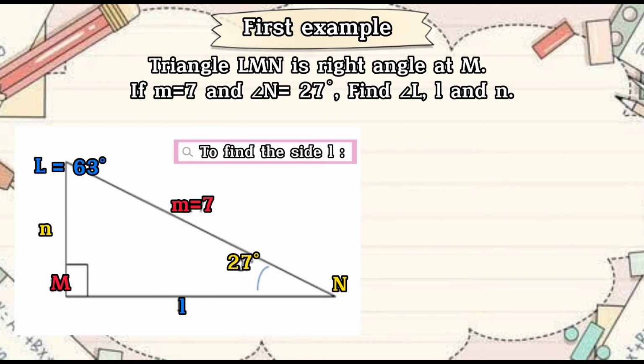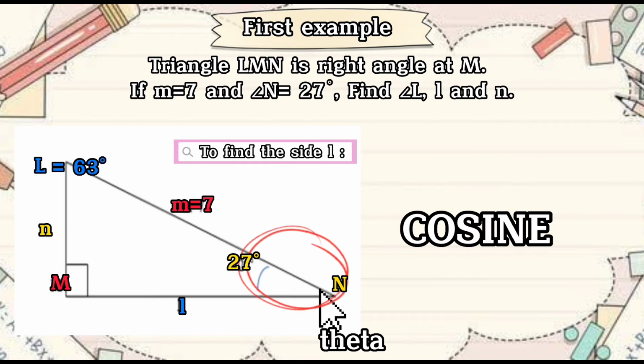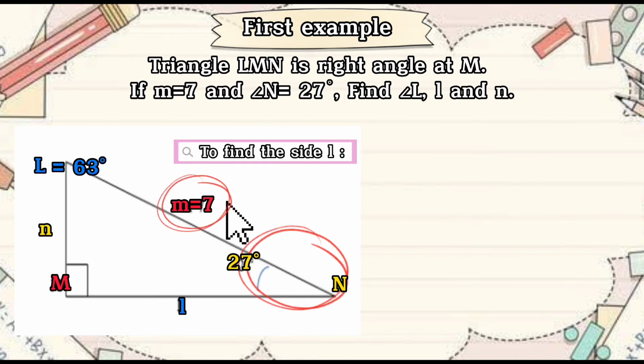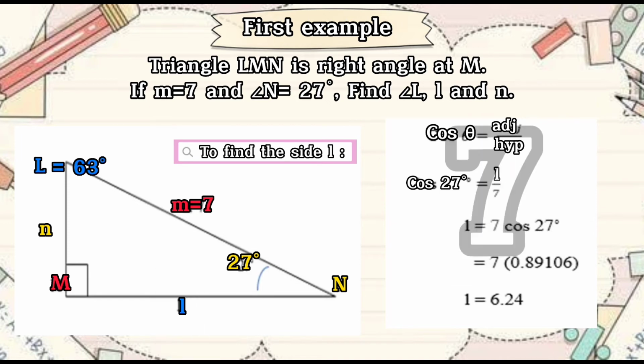Now, let us find side L. So, here we can use the formula of cosine because we have theta and the value of our hypotenuse is also visible. So, the formula for cosine theta is equal to adjacent over hypotenuse. And our theta here is 27 degrees, equal to side L over 7, our hypotenuse.